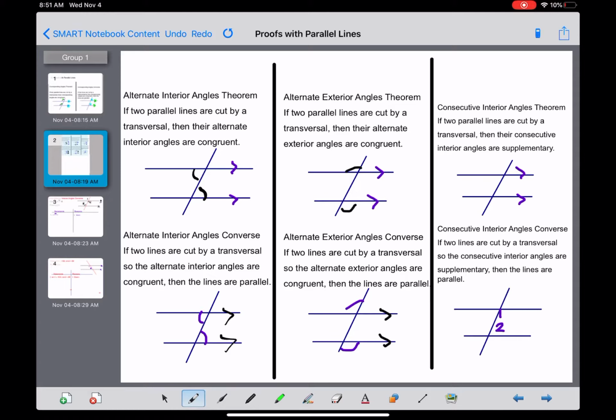If two lines are parallel to one another and we have a transversal that cuts through, consecutive interior angles are supplementary. The converse starts off by saying that the consecutive interior angles are supplementary. Therefore, we can conclude that our two lines are parallel.